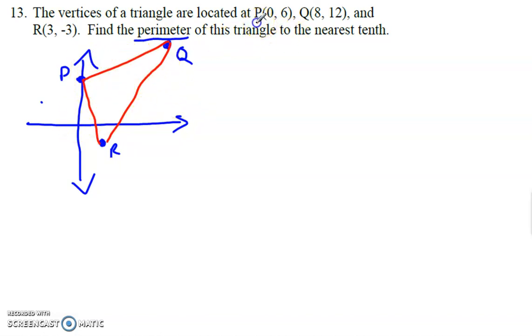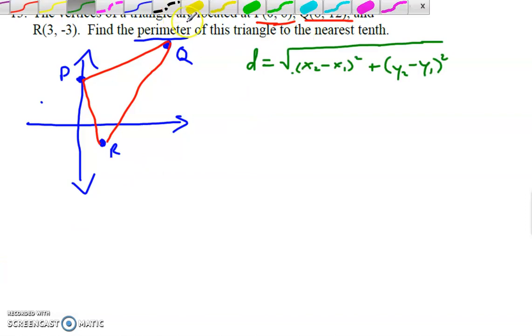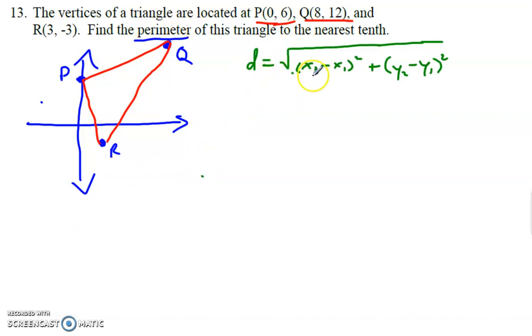Now, if I want to find the distance between P and Q, I'm going to use the distance formula. Remember, the distance formula is basically just the Pythagorean theorem solved.